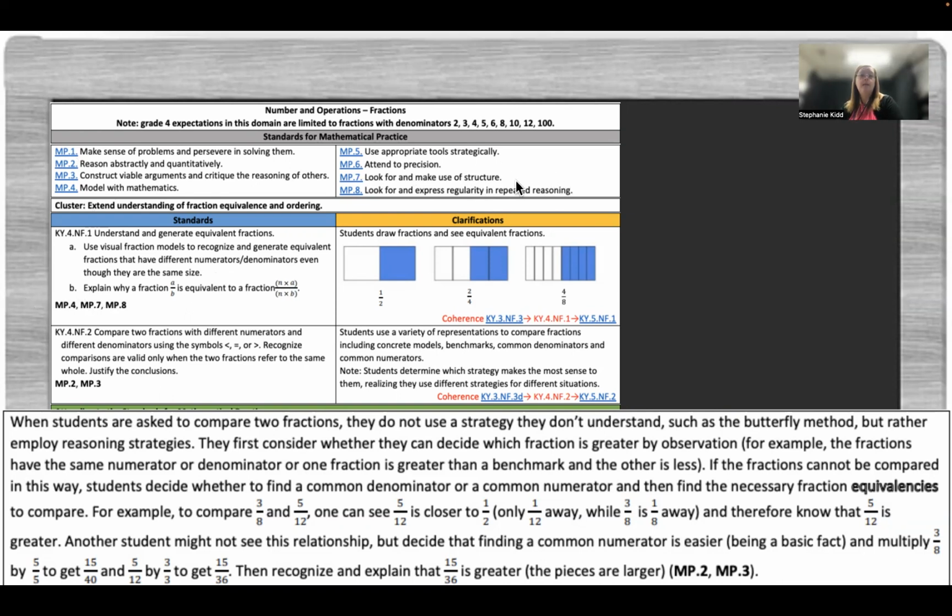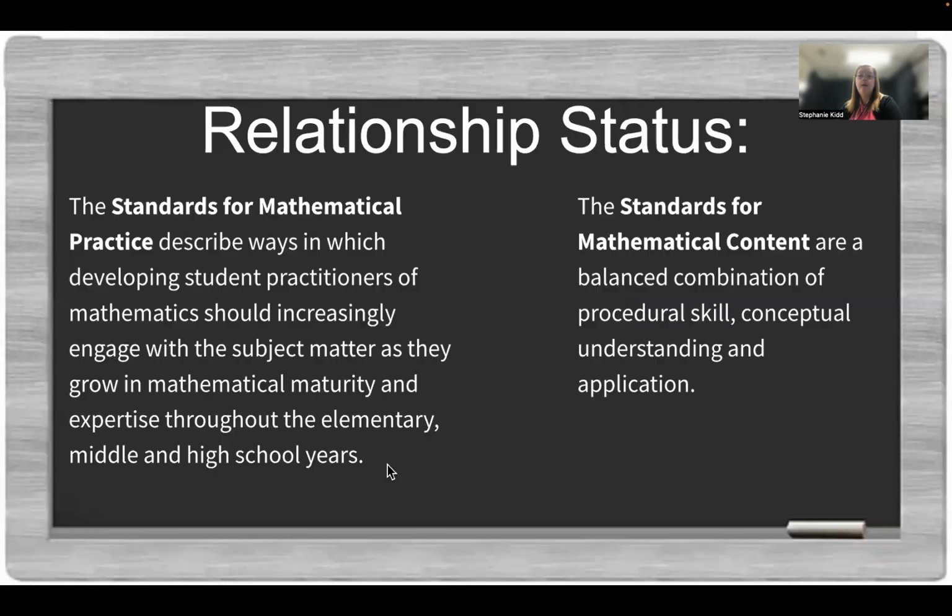And in repeated reasoning, we're also looking for what? Patterns. So we want to make sure that they look for and express regularities in repeated reasoning. If we go down here, of course, to this, we are looking at which ones that we know that the students need.